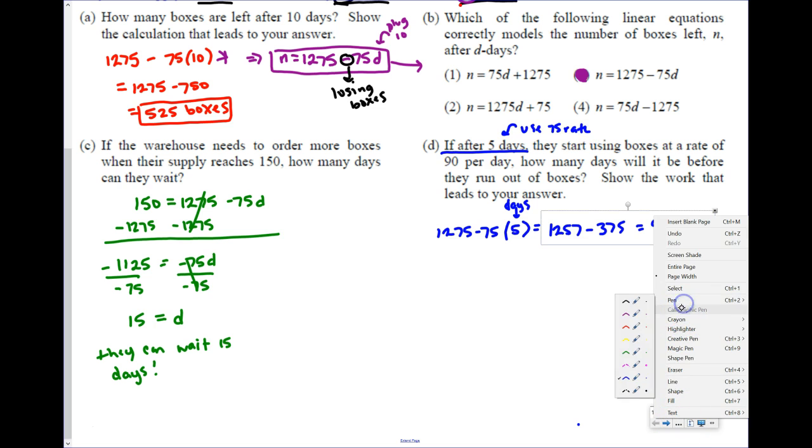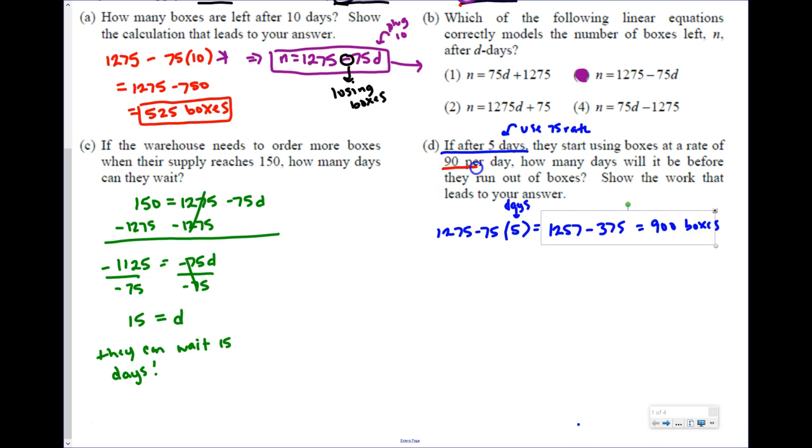Then all of a sudden, I'm going to pick red to show this. Then we have this new rate of 90 per day. So now I can say, how many days will it take me to use up 900 boxes?